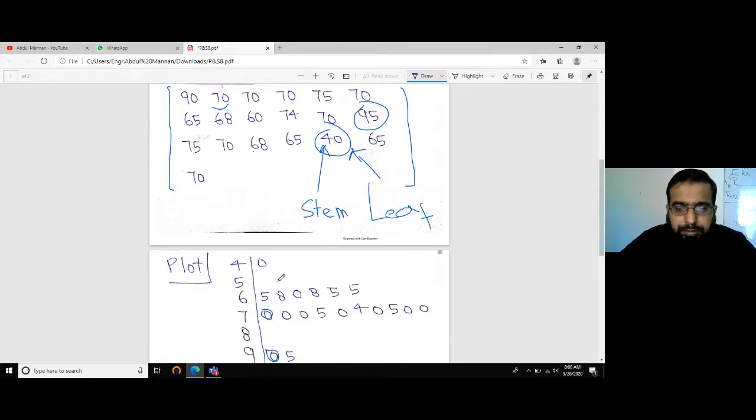Then 70 again, a 0 here. Then the next data point is 75, so we write a 5 here. Then 70, then 65, a 5 in front of 6, then 68, an 8 in front of 6, 60, a 0 in front of 6, and we keep going until we complete the whole table.